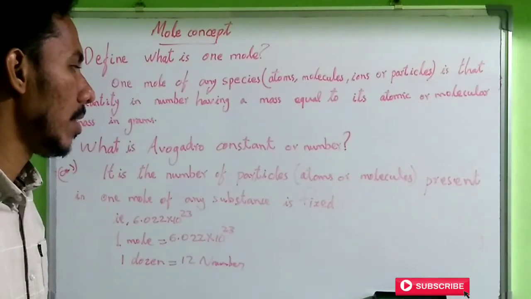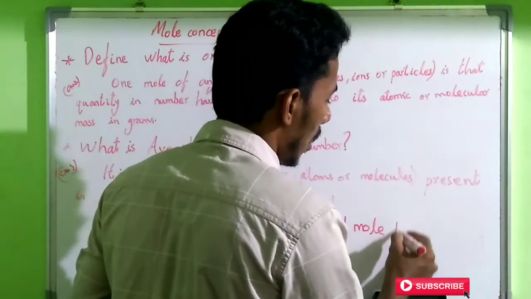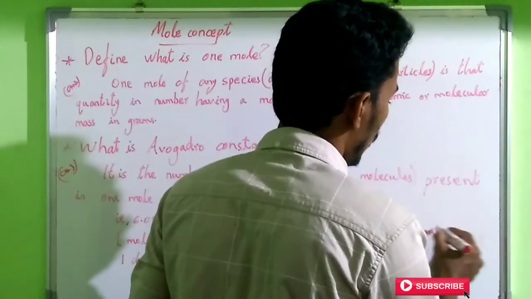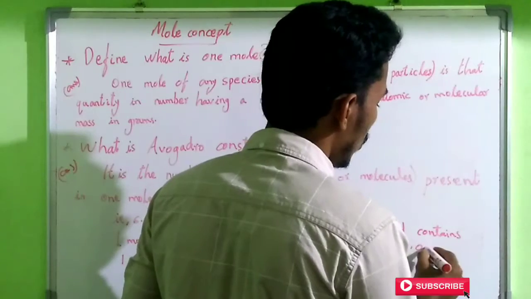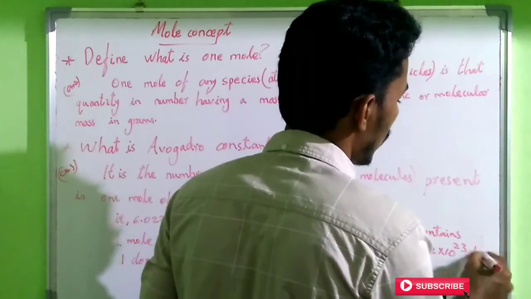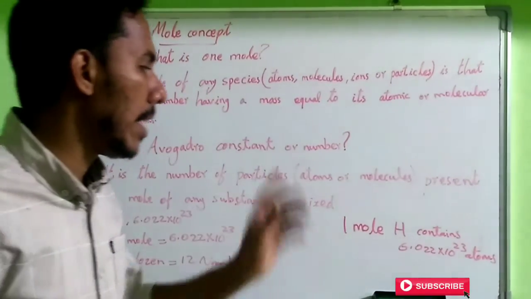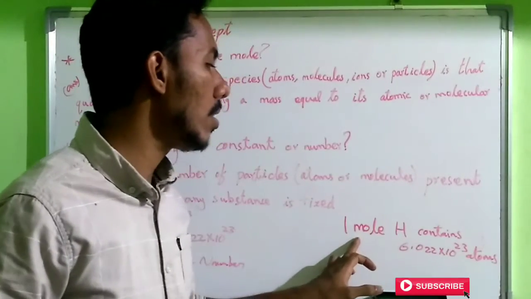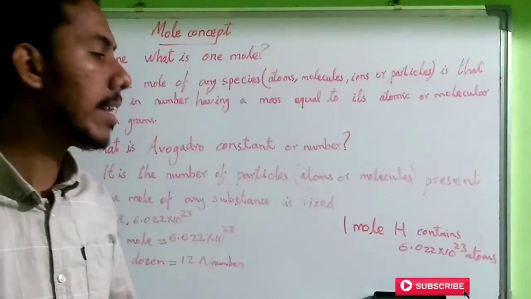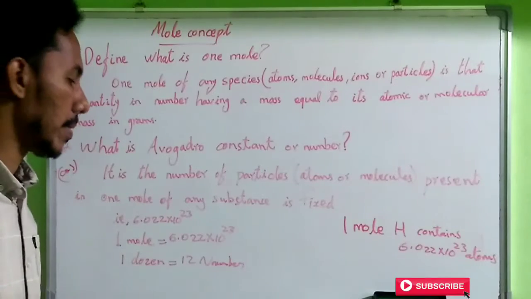It is fixed. 1 mole of hydrogen contains 6.022 into 10 raised to 23 atoms. This is Avogadro's number. Any substance, 1 mole contains this number of atoms. That number is constant, is fixed. It's called Avogadro's number.